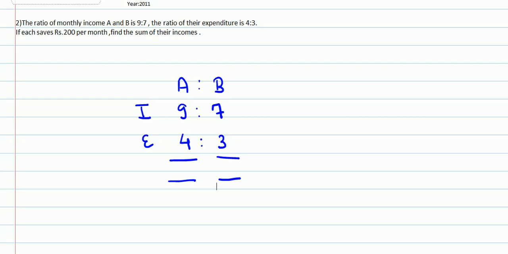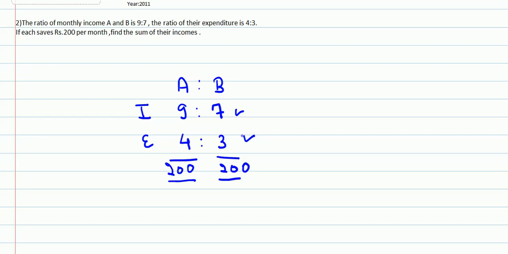Alright guys, let's move on to the second question. It says that the ratio of monthly income of A and B is 9:7, and the ratio of their expenditure is 4:3, and if each saves 200 per month, we have to find the sum of their incomes.